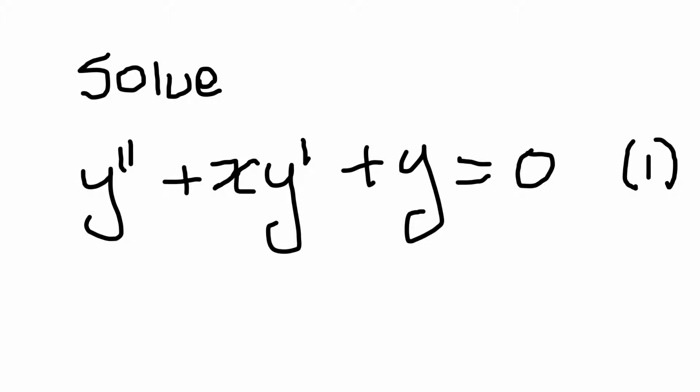Now, I wanted to mention that this is linear, even though it has non-constant coefficients, because none of the coefficients are in terms of y squared, y cubed, or dy by dx, or d squared y by dx squared.